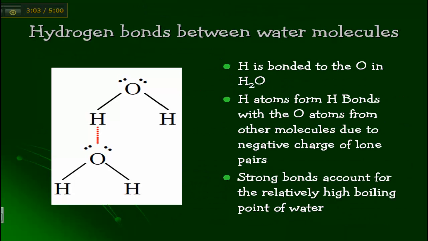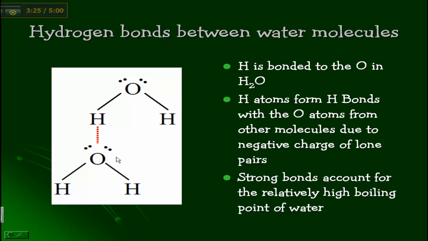Hydrogen bonds between water molecules are shown here. The hydrogen bonded to the oxygen in H2O is a covalent bond. The hydrogen atoms are going to form hydrogen bonds with the lone pairs on the oxygen of another water molecule.